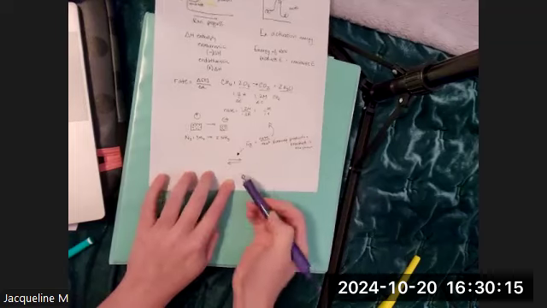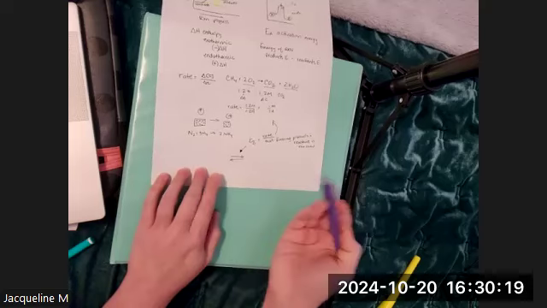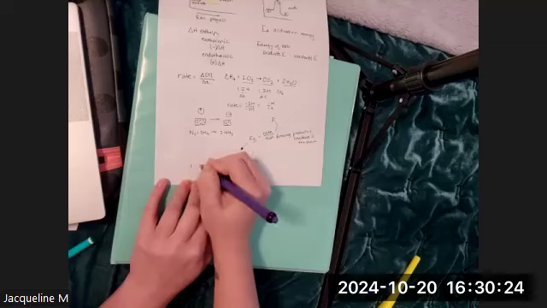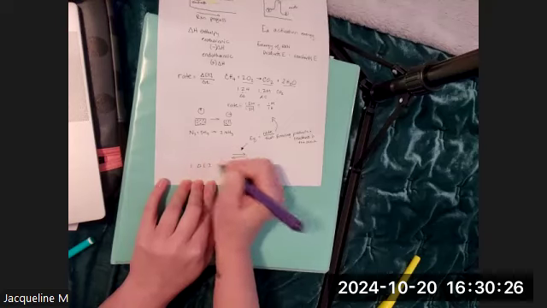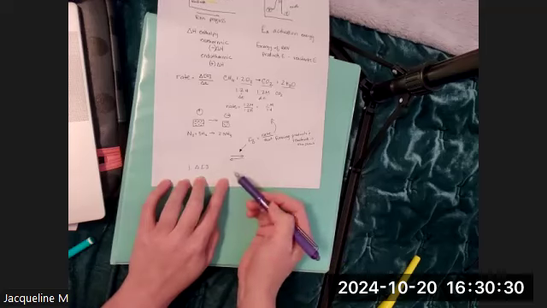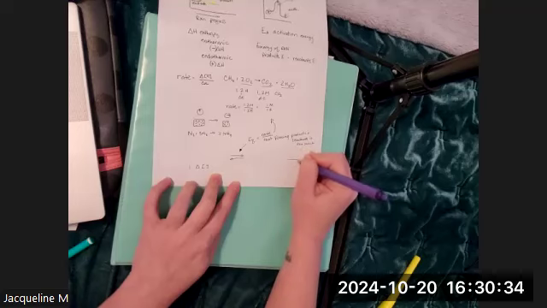And we can affect where this equilibrium point is a few ways. One is by changing our concentration. So changing concentration, right? When we add reactant in here, think about this kind of like a seesaw, right? Right now, we are at equilibrium.